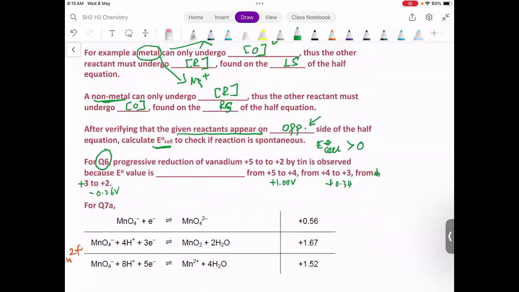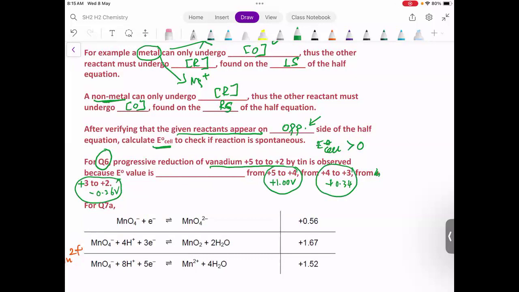we recognize that the vanadium +5 to +2 undergoes a progressive, step-by-step reduction. It doesn't reduce from +5 straight away to +2 in one shot, okay? And why is it so? It's because you notice that from +5 to +4 is +1.00, from +4 to +3 is +0.34, and the last one, +3 to +2, is -0.26.